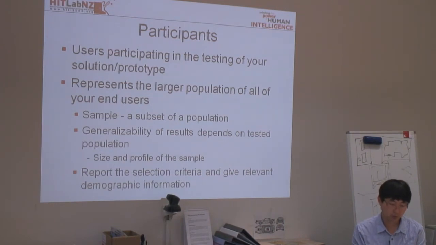So it's quite important how many participants you recruit and how you sample them from the whole population. For instance, if you're designing a user interface for kids, then obviously you'll have to sample from kids rather than a wider range of ages.